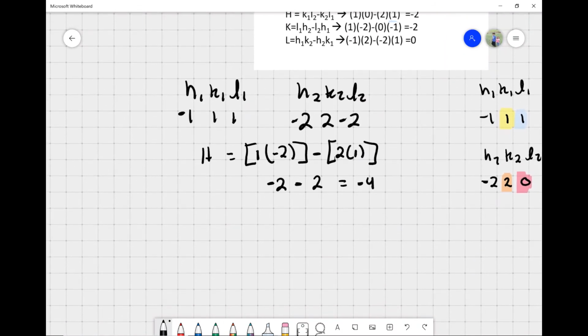All right, so let's do K. K is L1, H2. So L1 is 1. H2 is negative 2, minus L2, H1. So L2 is negative 2. H1 is negative 1.